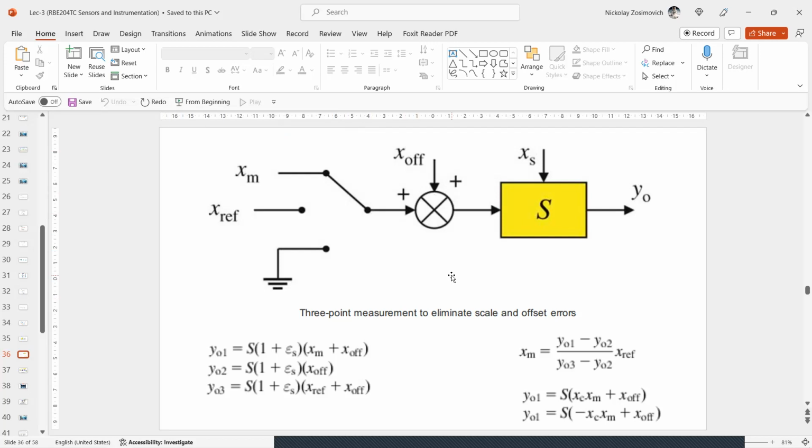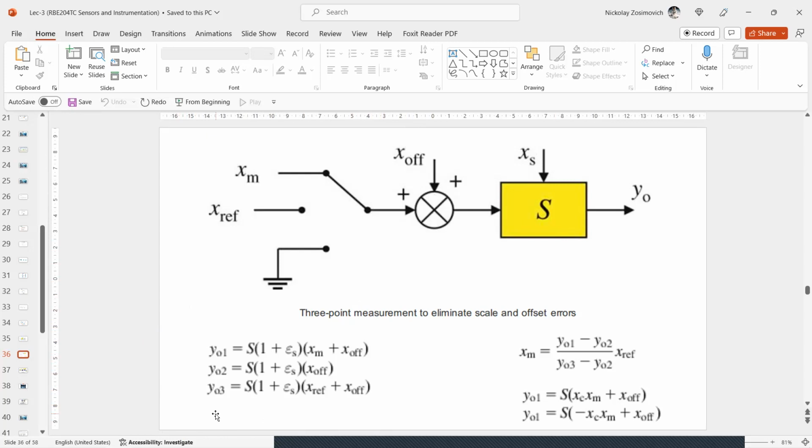Alternatively, the input of the system is connected to the measurand, yielding output Y, to ground, giving output Y0, and to a reference, resulting in output Yref. The three system outputs are as follows. As you can see in these three left equations. From these equations, the measurand can be calculated according to this expression. Offset and scale errors are completely eliminated if the errors do not change during the sequence of the three measurements.